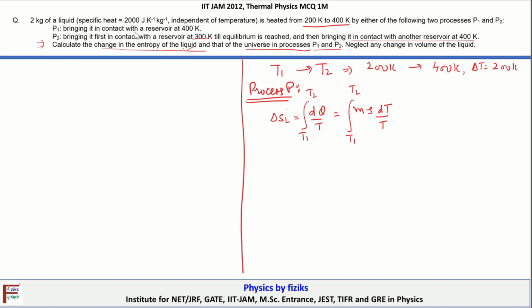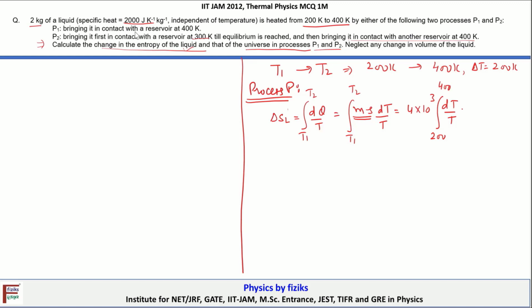When we substitute the values, the mass is 2 kg and the specific heat is 2000 joule per Kelvin per kg. After doing the multiplication, we obtain a factor of 4 into 10 power 3, which comes from the product of these two quantities, and then dT upon T, where the temperature changes from 200 to 400 Kelvin.